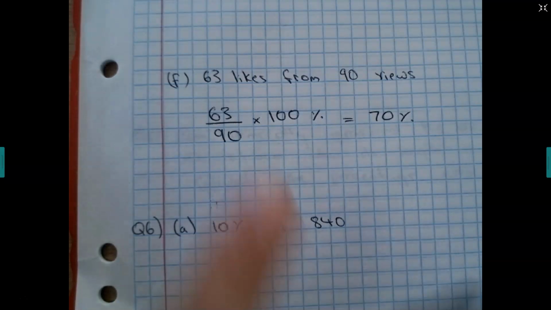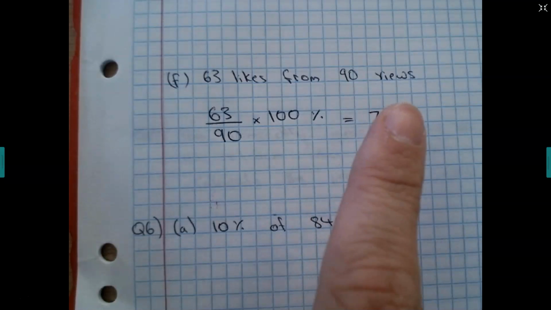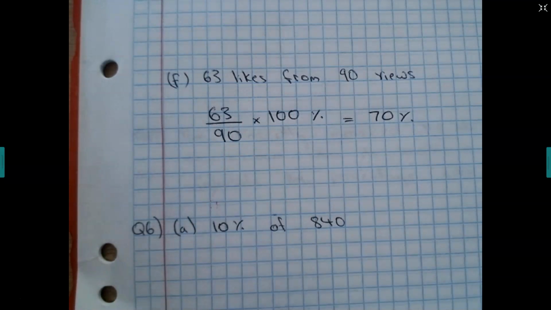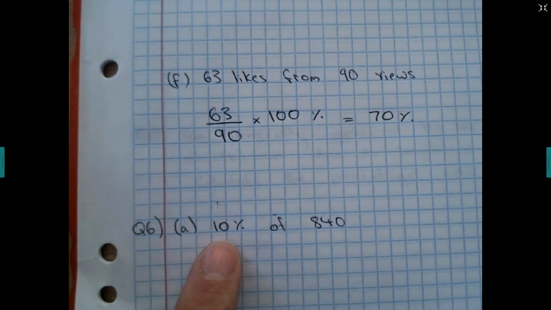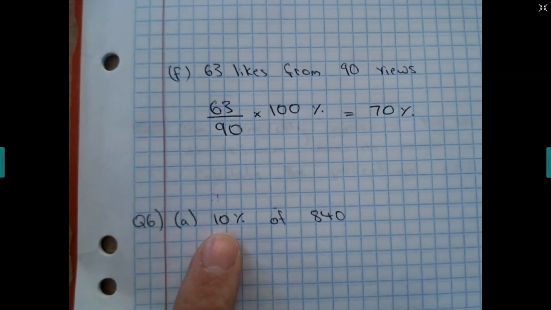You know how before, if I had 63 likes out of 90 views, I went 63 over 90. If I want to work out 10% of 840, I don't go 10 over 840 and multiply that by 100. So question 6 was different. If you want to work out 10% of a value, do we know how to write 10% as a fraction?